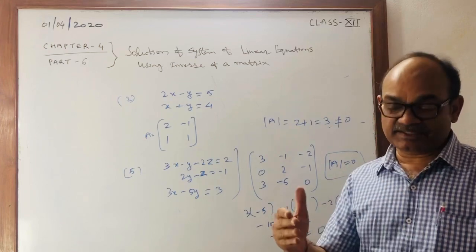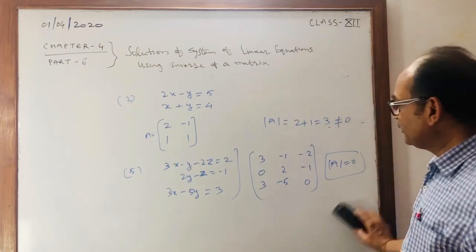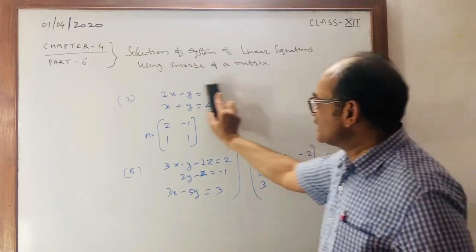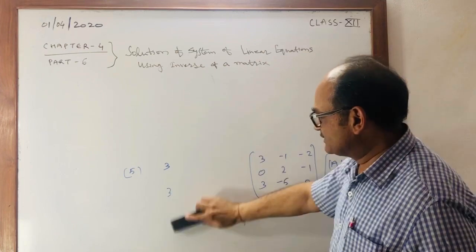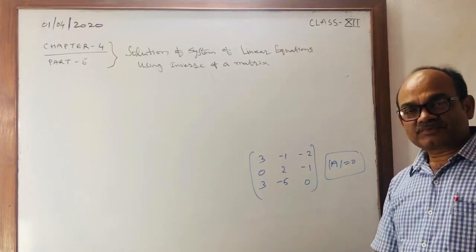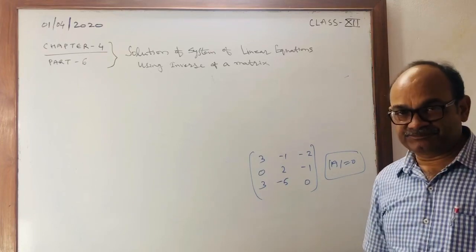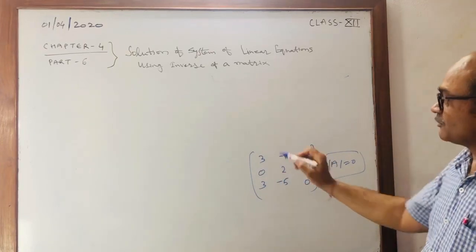Now the second step. We have to calculate adjoint of A into B. So now the second step, how to calculate the adjoint of this matrix. You know the revision, how to calculate adjoint. First we have to calculate the cofactors. So first we start with the cofactors.